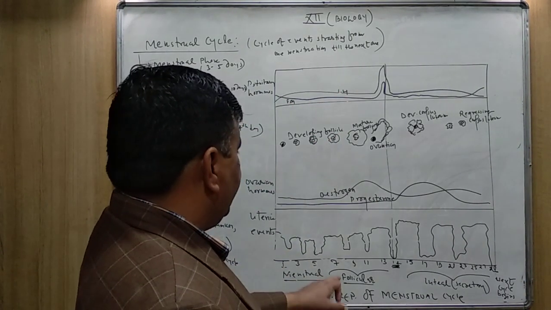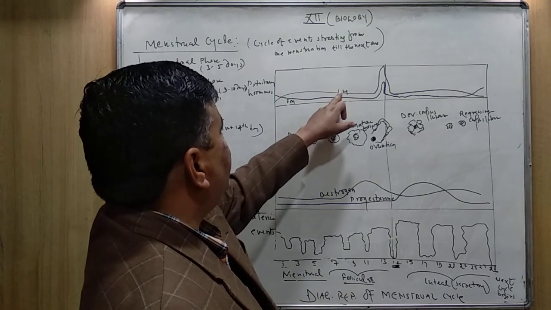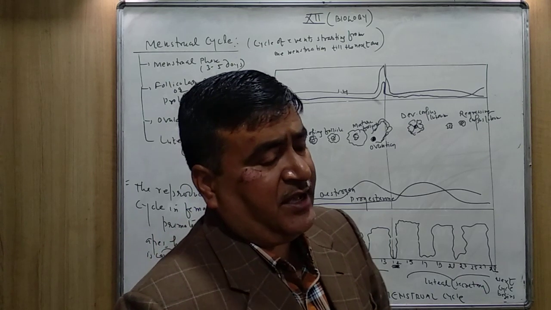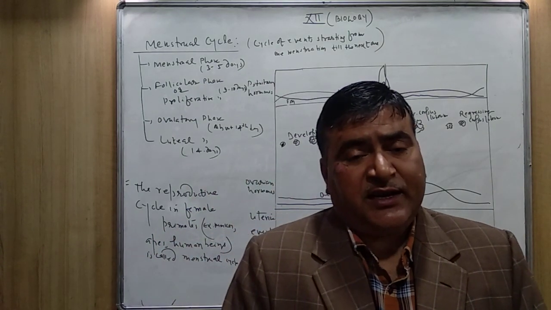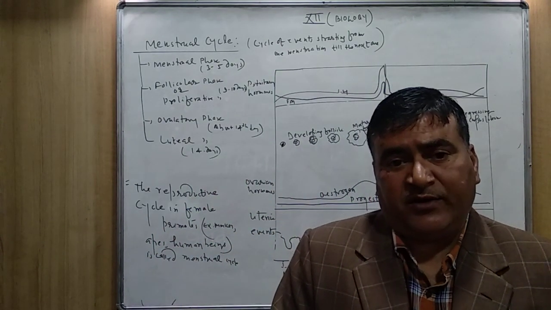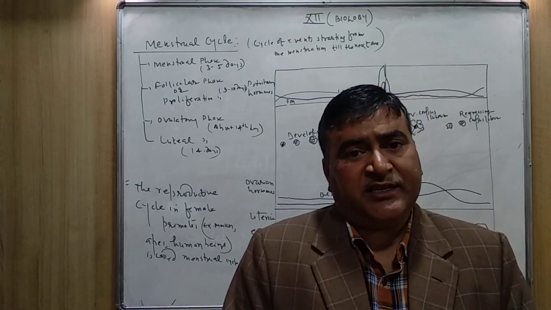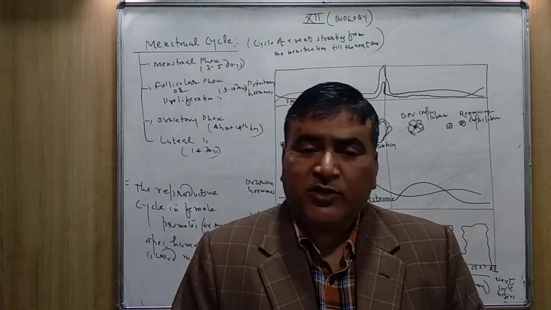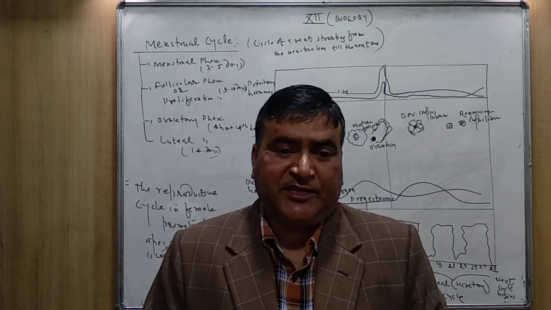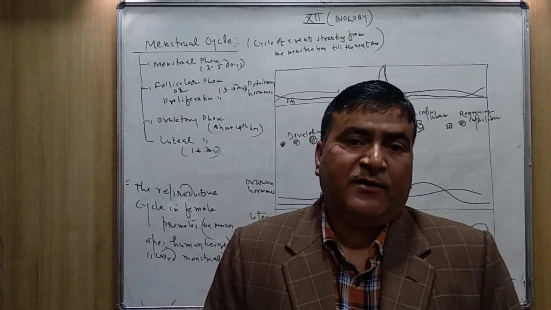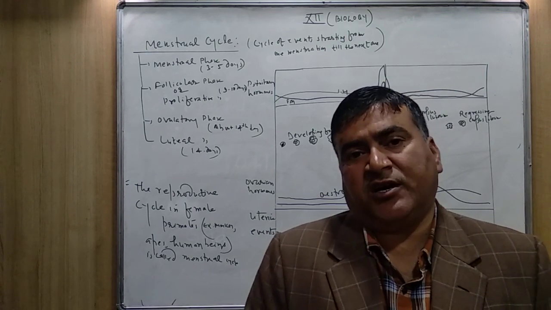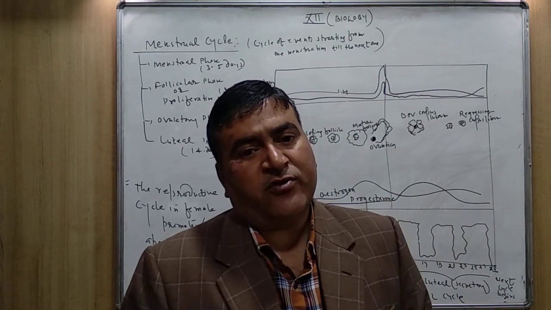You can see in this diagram, in the follicular phase, these two hormones are secreted: FSH, follicle stimulating hormone, and LH, that is luteinizing hormone. Both FSH and LH are secreted by the anterior pituitary. These two hormones are also known as gonadotropins.